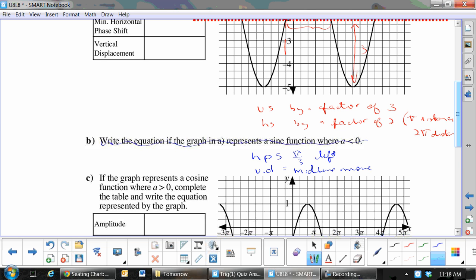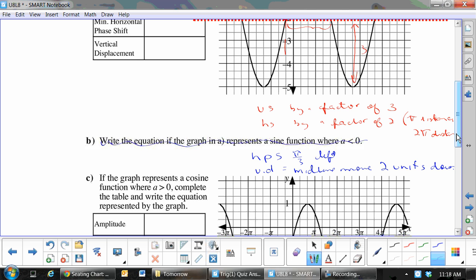How many? 2 units down. Any questions on how I got this wording?